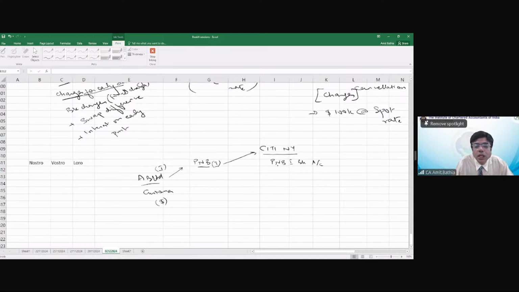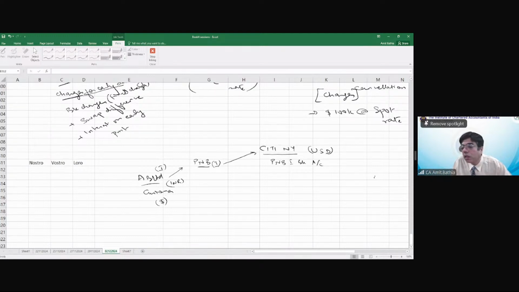So just like your customer has opened an account with Punjab National Bank, Punjab National has opened its account in Citibank, New York, in USD. Currency is USD. Remember, my account over here is in INR. Punjab National Bank has opened an account with Citibank, New York, in USD.